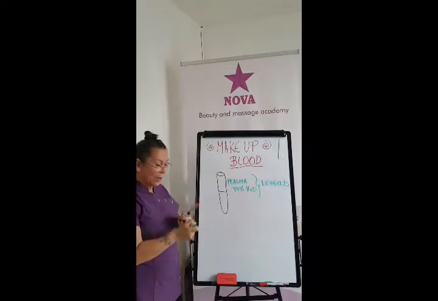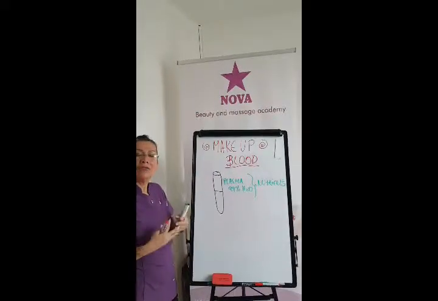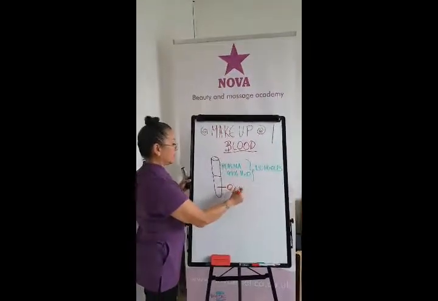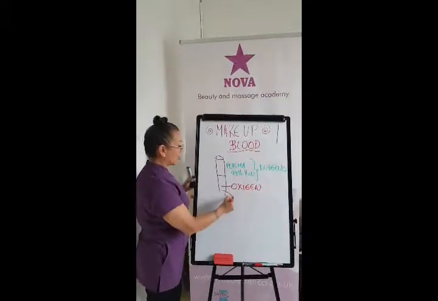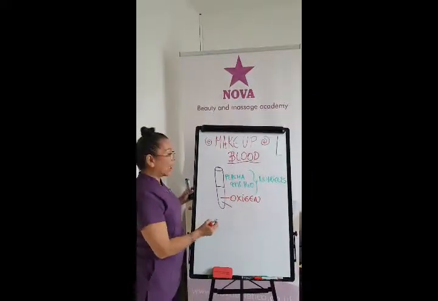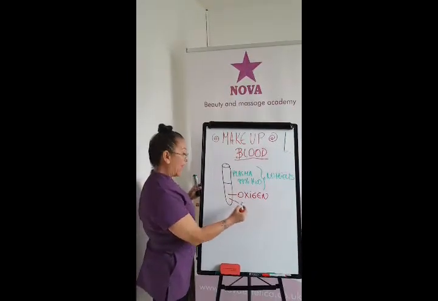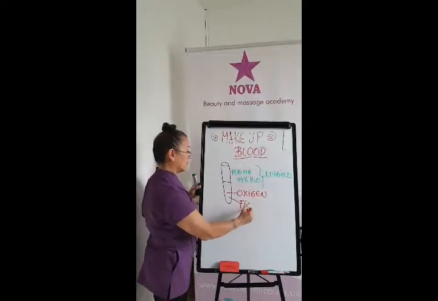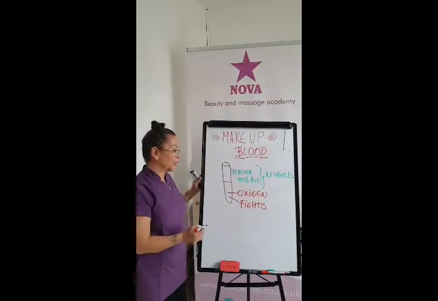And the other part is made of two different cells that have the function of transporting oxygen and distributing our nutrients. But we also have another cell that fights any infections.